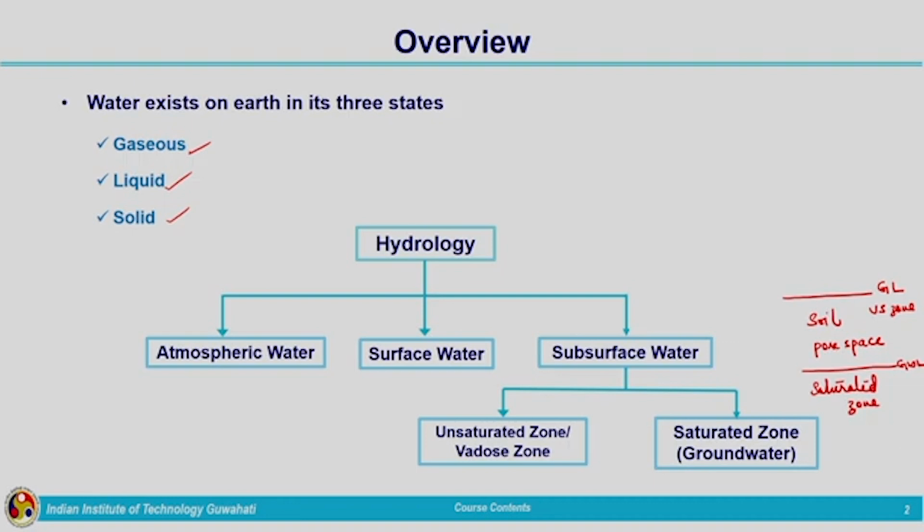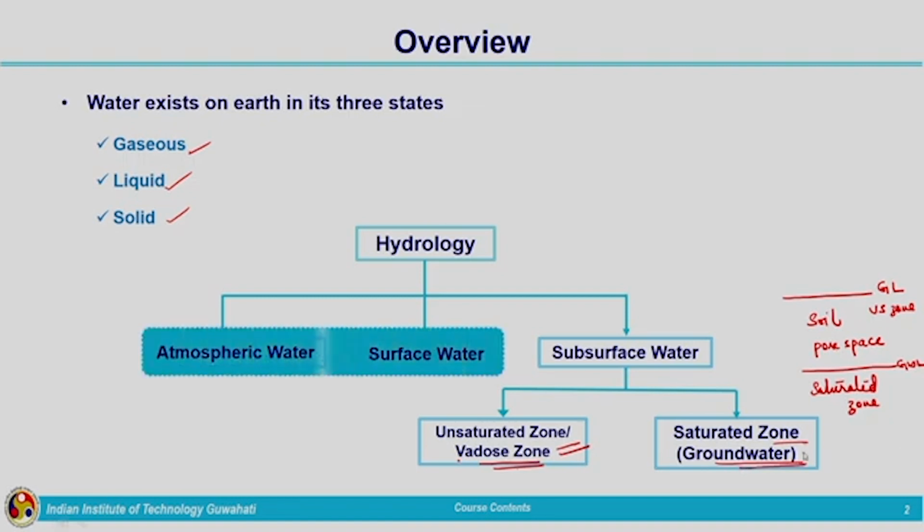In this course, I will be discussing water which is present in the unsaturated zone, also termed the vadose zone. We will not be looking into water which is present in the saturated zone, or groundwater.